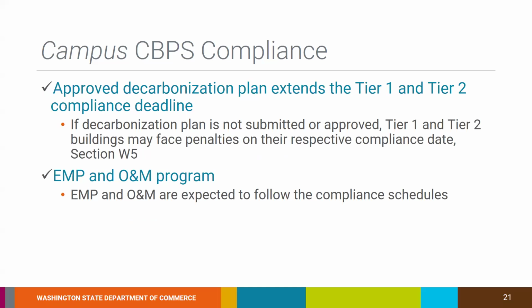So one of the advantages of the decarbonization plan is it does extend the compliance period for Tier 1 and Tier 2 buildings. So if you are required to decarbonize, comply through the decarbonization plan, or you opt in, you will get up to 15 years plus to meet the full standard.